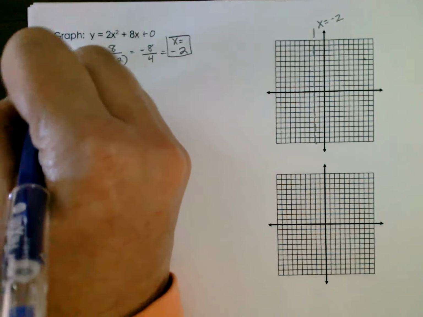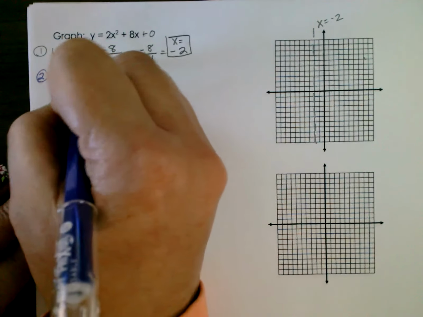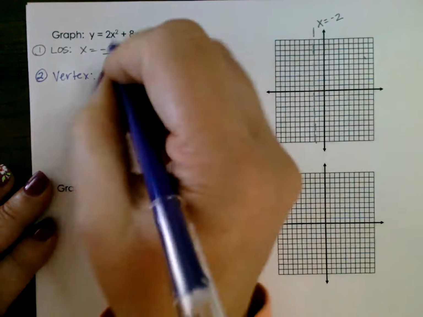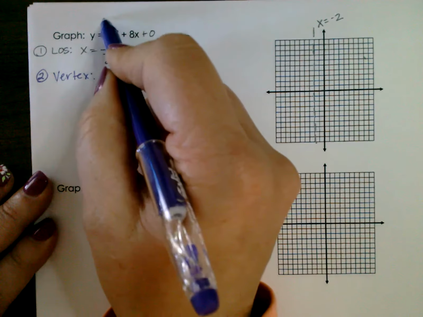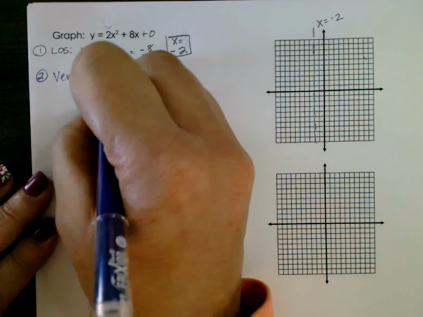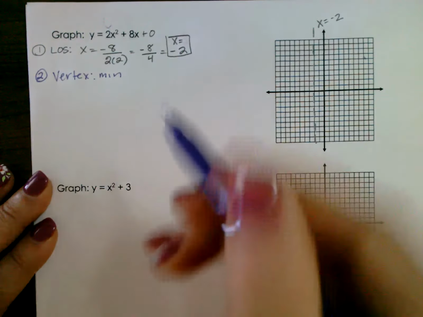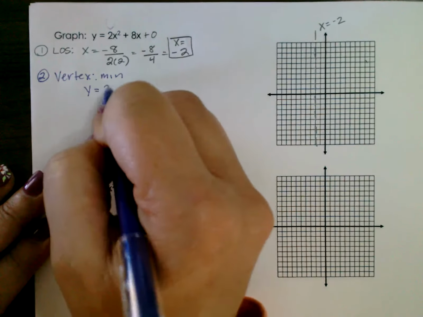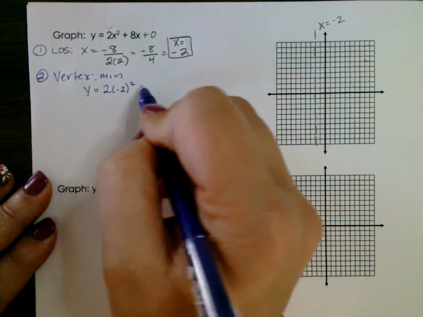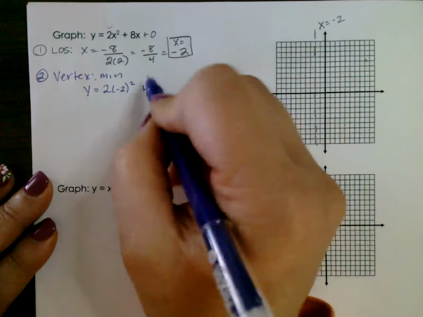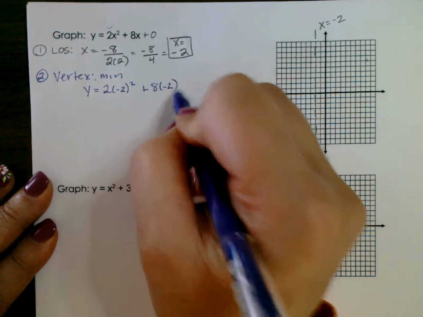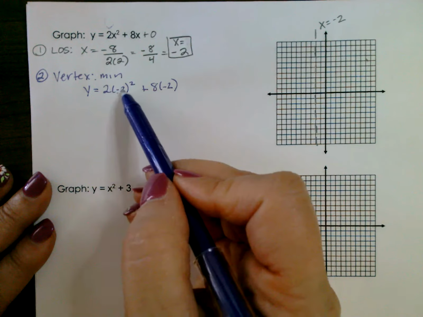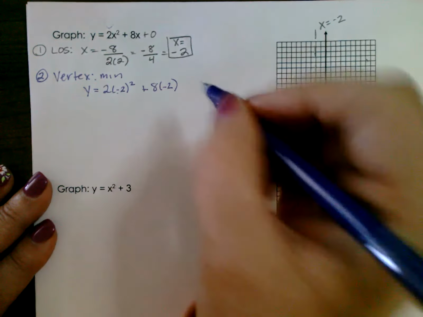Now we go to the vertex and ask yourself, will we have a min or a max? How do we know? This is positive, meaning we're smiling, so we're going to have a min. I will put -2 in for x. Be very careful when you're squaring with negative numbers. So order of operations, -2 squared is 4. 4 times 2 is 8.